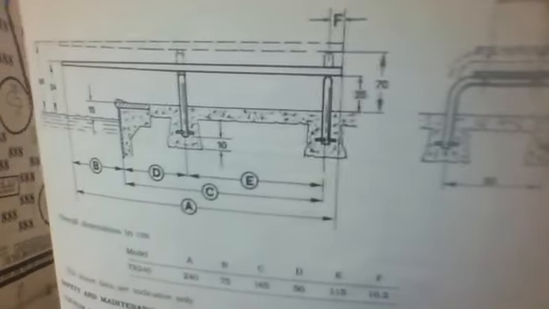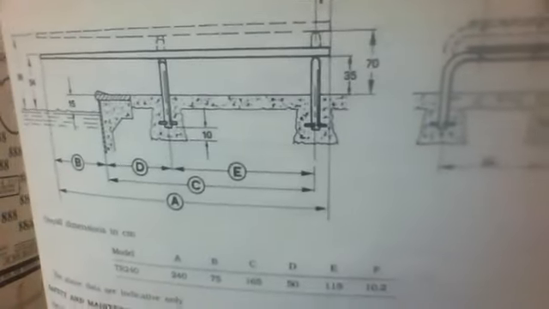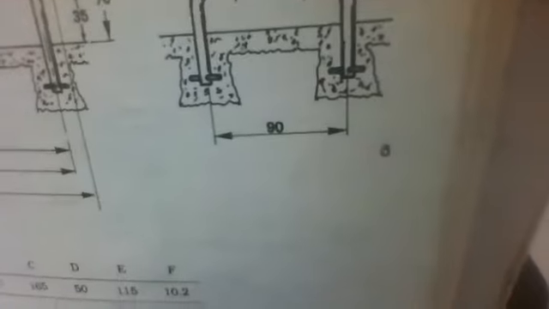This is diving board. You can see these letters are given and in reference of that you have to refer to the table. So model says A, B, C, D, E, F. In A as dimension, main one total 240 and B is 75, which is projection from diving line.